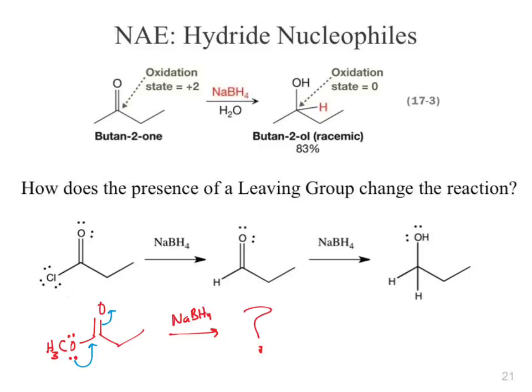Resonance. Resonance on the ester does what to its stability? It makes it more stable, which means what happens to the reactivity of the ester versus the aldehyde? It goes down. So if we look at our reactivities, the acyl chloride is the most reactive here, followed by our aldehyde, followed by our ester.